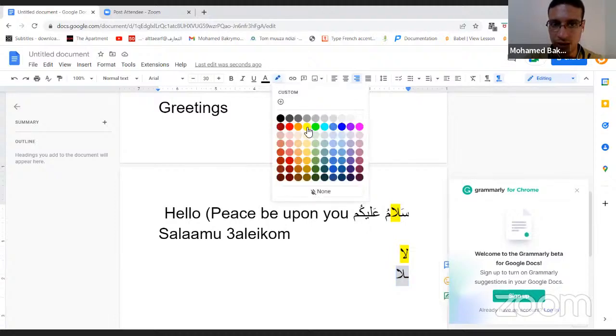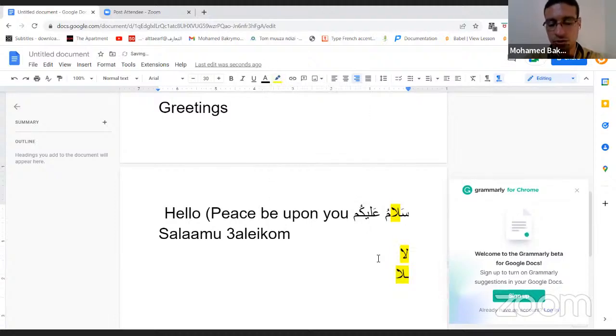If the letter lam, la, is followed by an alif, it can be written like this, and it can be written like this. So here it's salam, because normally lam is like this when it's separate, and it's written like this when it's connected to another letter.